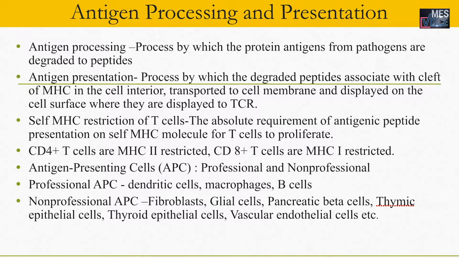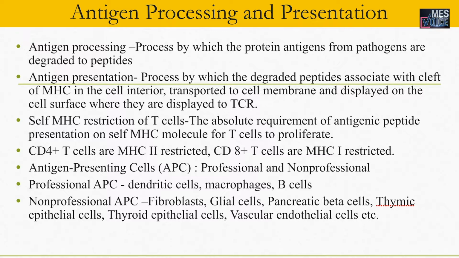Next is self MHC restriction of T cells. It is the absolute requirement of T cells for the presence of MHC molecules to present the antigenic peptide. That is, if a T cell has to recognize the antigen, this antigen has to be presented on the surface of an MHC molecule. These MHC molecules are of two types, MHC class 1 and class 2.